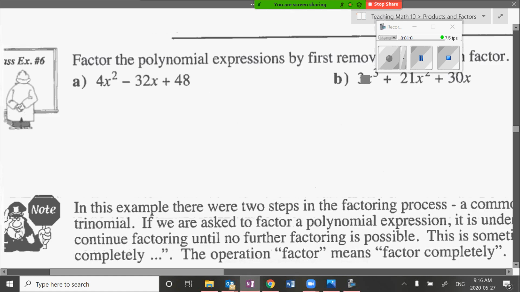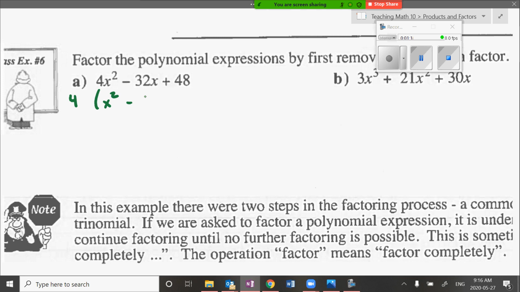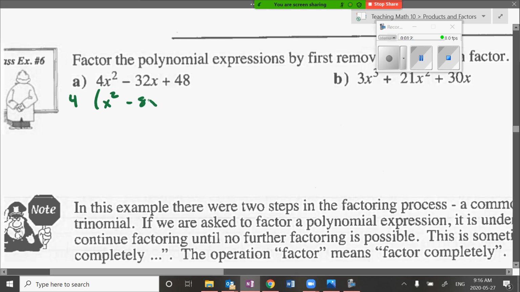So let's try and do these two. First off, I'm going to factor out a 4 because 4 goes into all of these numbers. So 32 divided by 4 gives me 8, so 8x. 48 divided by 4 is 12. Now this one actually turns out to be an a equals 1.